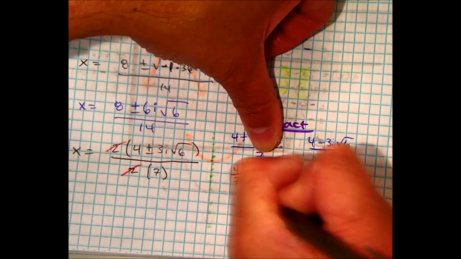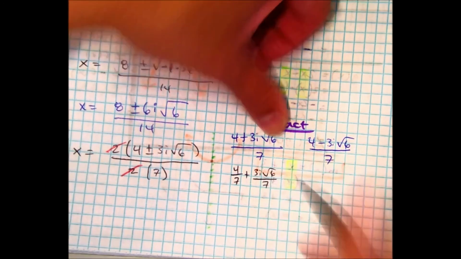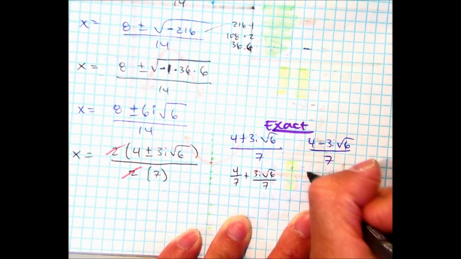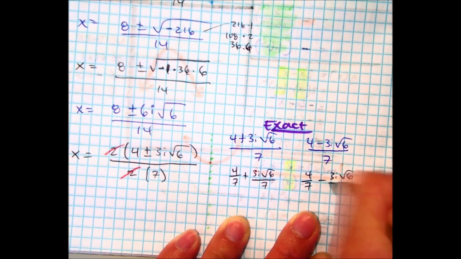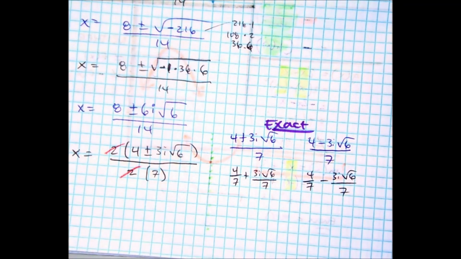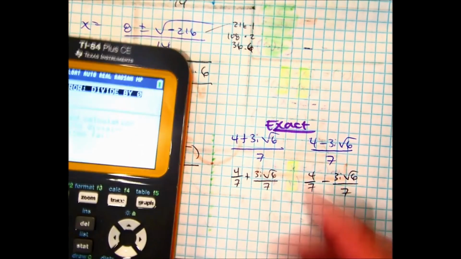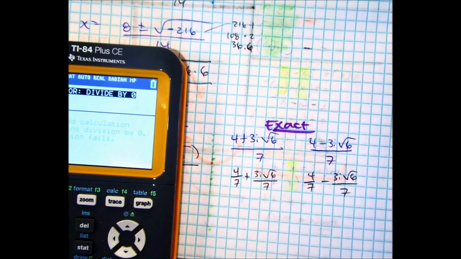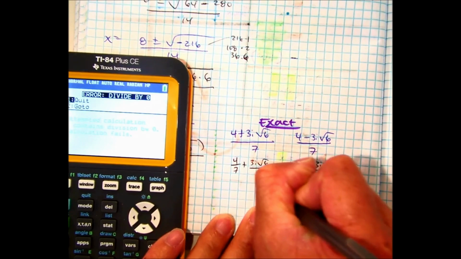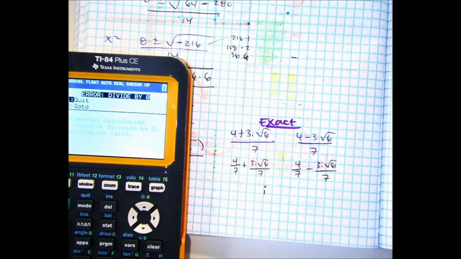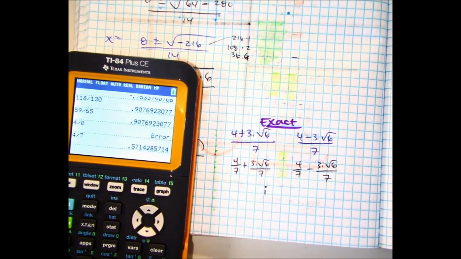If you wanted to split this, you could. 4/7 plus 3i radical 6 over 7, and 4/7 minus 3i radical 6 over 7. The reason why I split them is now you have a real and you have a complex solution. So if you want to put this in decimals, you could. I think the exact one is probably the best.